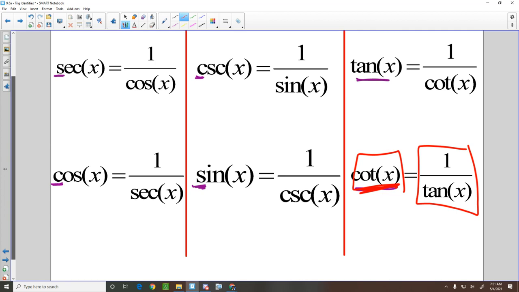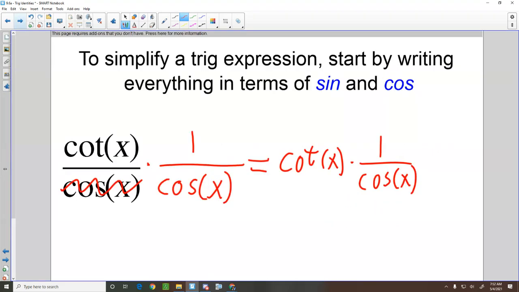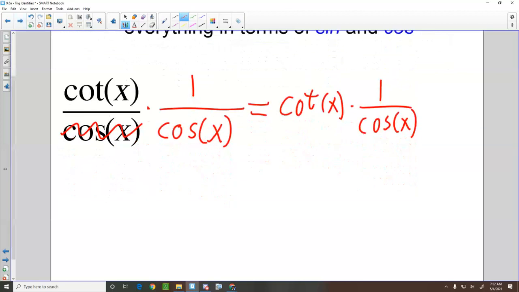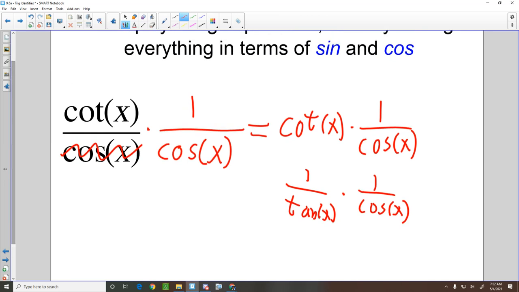But if I did that, it wouldn't really help me in this problem because then I'd have 1 over the tangent times 1 over the cosine. Now, is that simplified at all? Does that help me cancel things out? Do I have fewer trig functions? No, not at all. And that's why my recommendation was to write things in terms of sine and cosine.